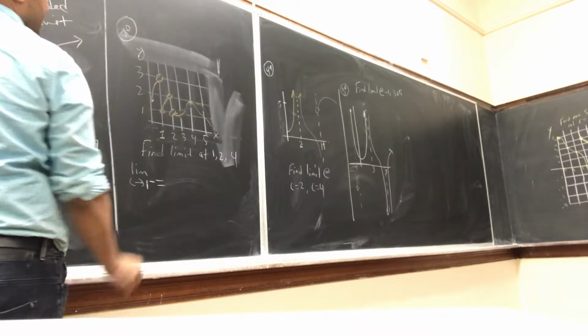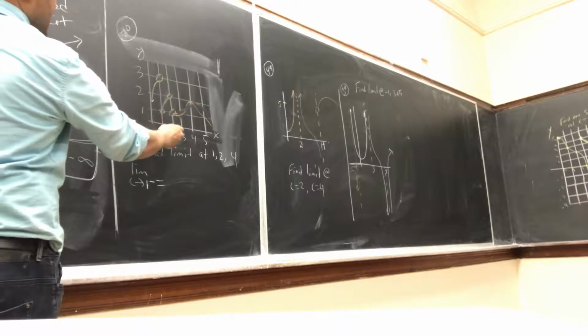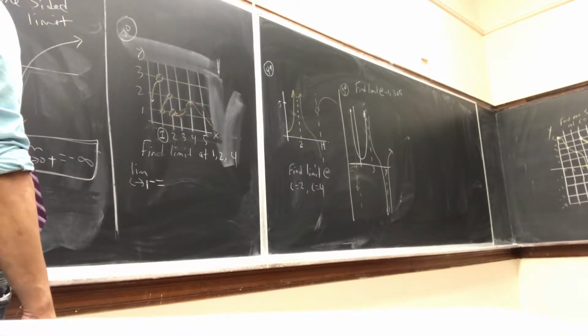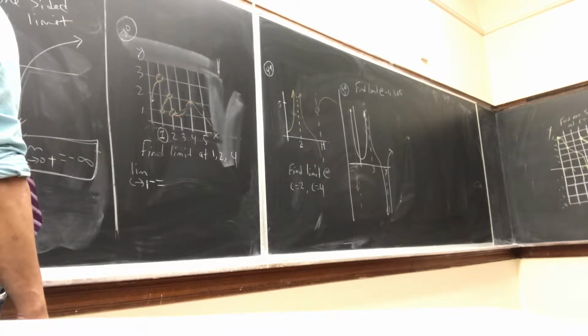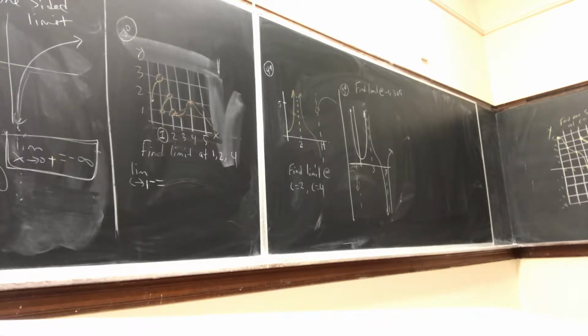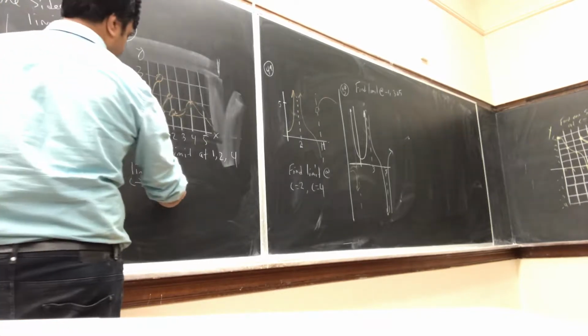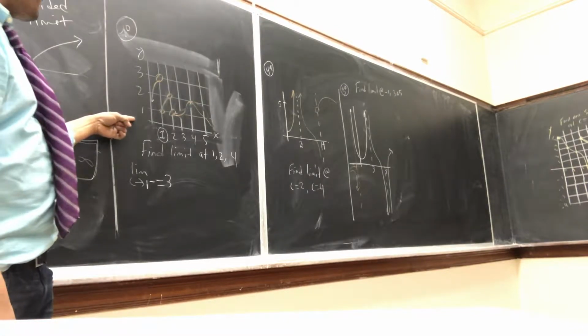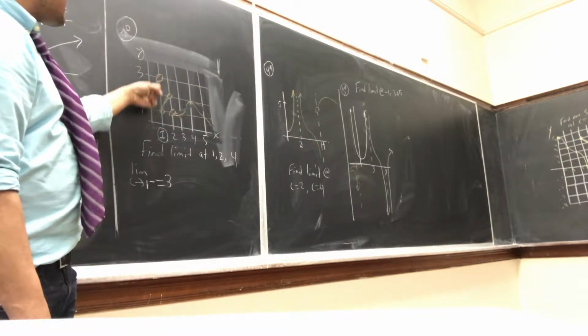You have two different. This is 1. From the left side, yes. Who said 3? Very nice. 3. The limit, if you come from the left side, it is 3.